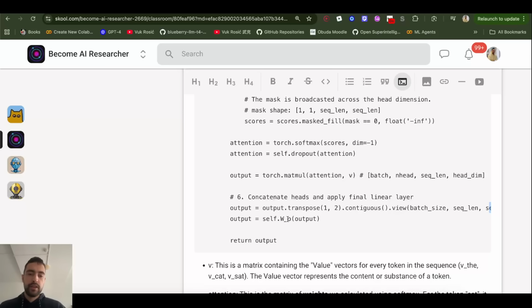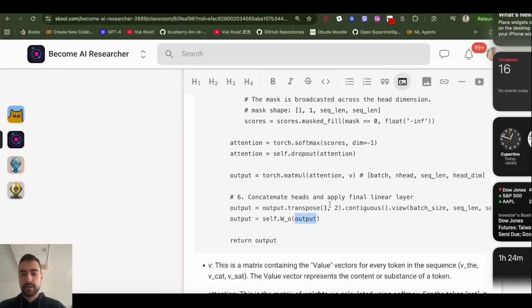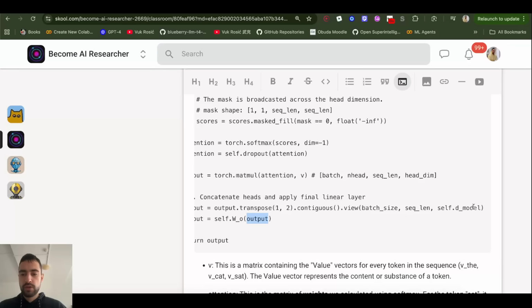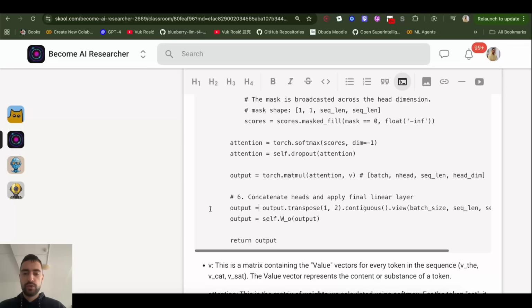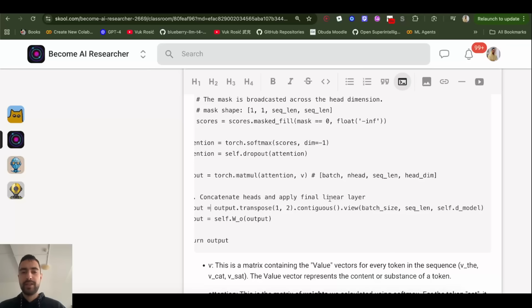So we will use this weight, this output layer. So output is our value space, and we pass that through this linear layer to get the actual token space, token embedding. But before we pass our values, we need to convert them to the proper shape. So combine heads into one single vector.